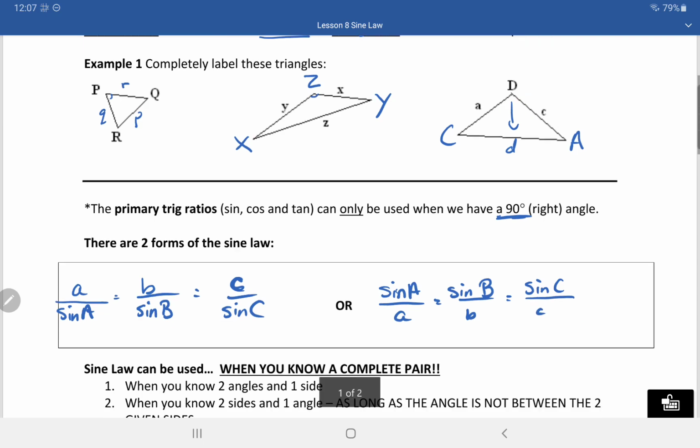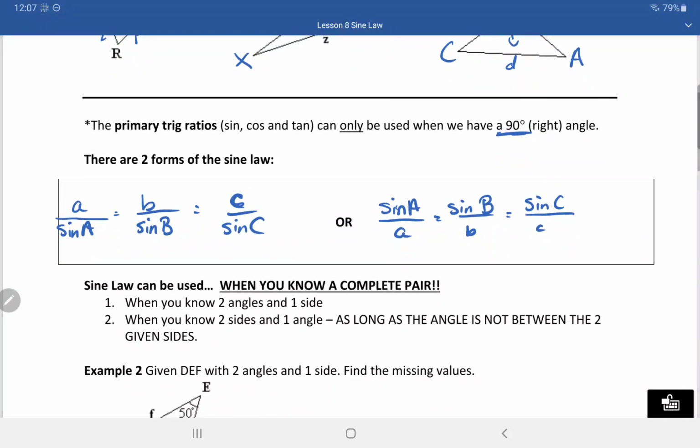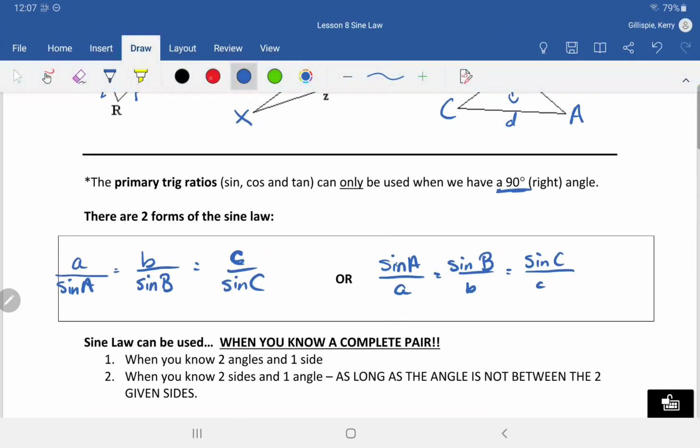Now, there are reasons as to why we have two formulas. It's easier to use the first formula if you're solving for a side length. So I'm going to put that a different color. The reason it's easier to do that is because if you're solving for lowercase a, b, or c, it's easier if that's in the numerator, so if it's on top.